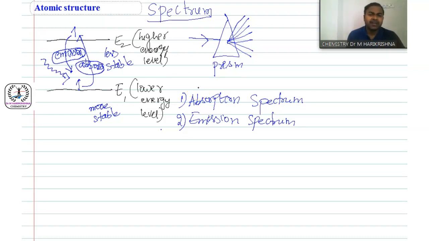So normally a spectrum means differentiating 7 colors. That means when white light passes through a prism, we can observe the difference in colors. That is normally a spectrum.